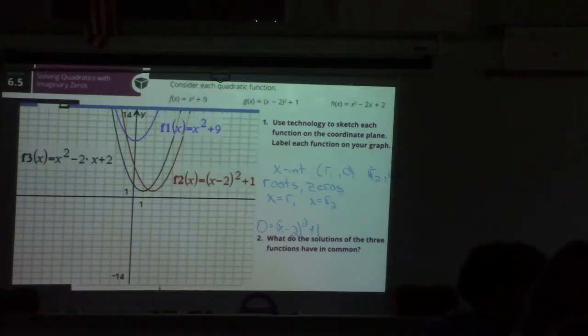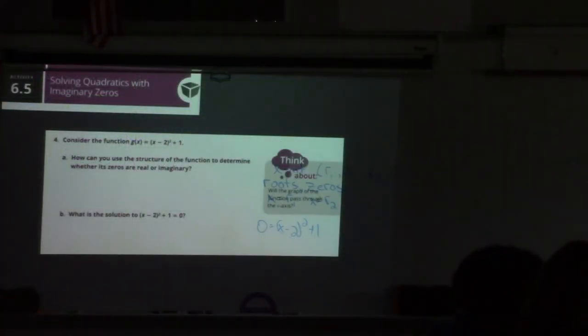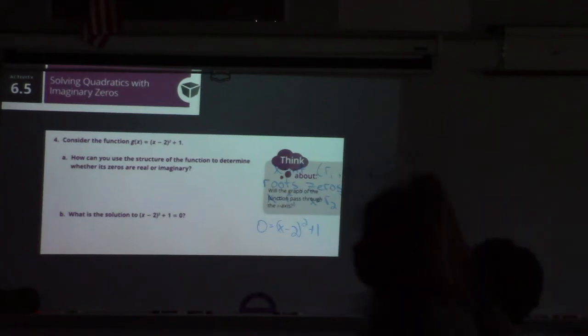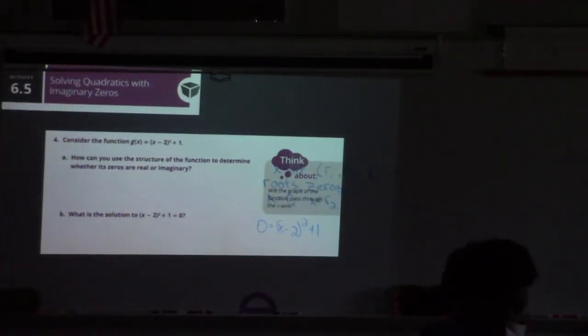Okay. And so this is where we ended, I believe, in number 4, right? How can you use the structure of the function to determine whether its zeros are real or imaginary? What did I tell you all about 4a? Did you write anything down?